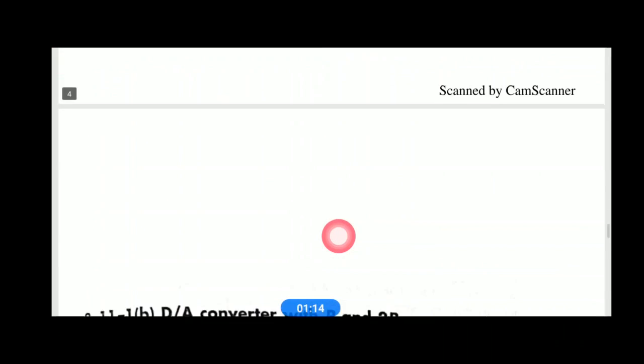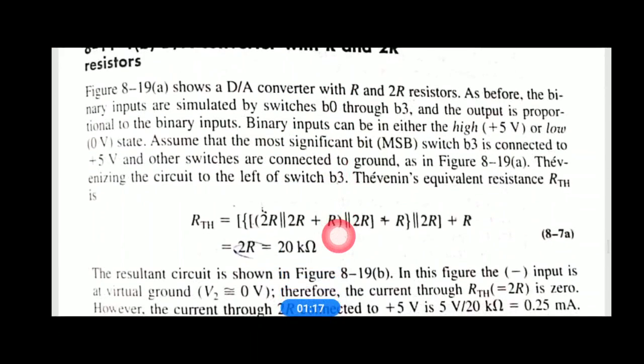So here it is clearly given that we cannot get different precision, meaning different values of resistors, if the number of inputs is increased. Number of inputs up to 4 is feasible, but beyond 4 inputs, the problem is that we are not getting different value resistors.